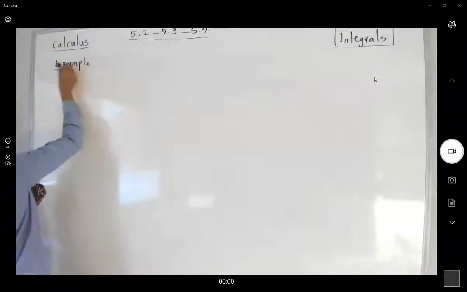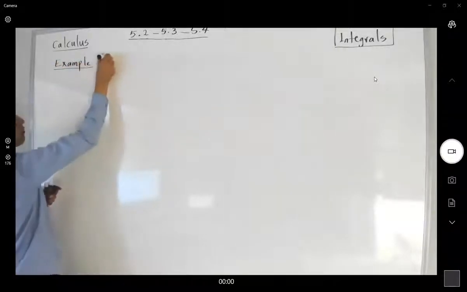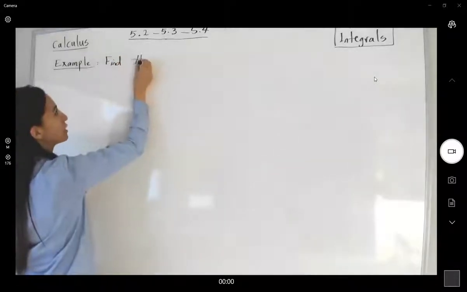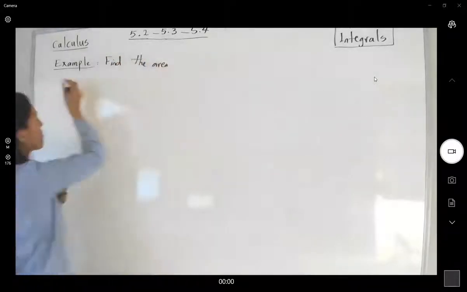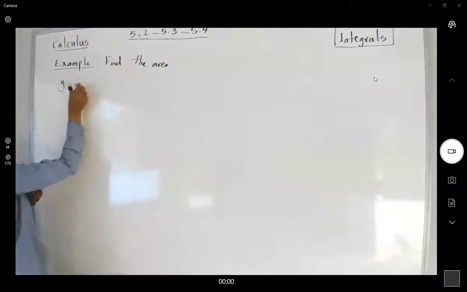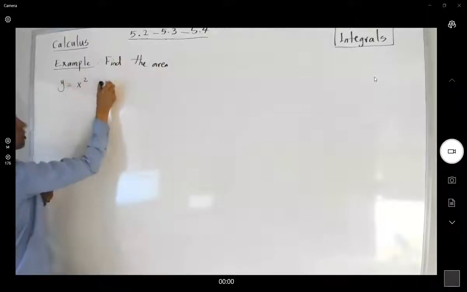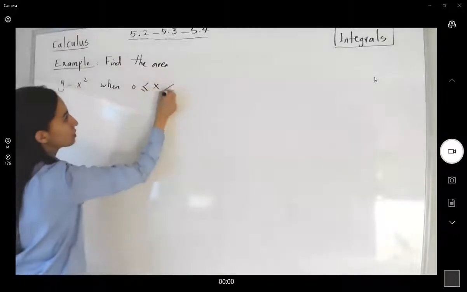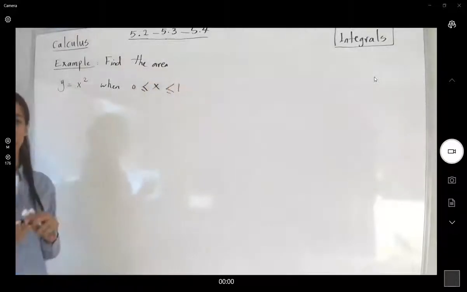Now I expect you to ask, find, not approximate, find the area y equals x squared when x is bounded between 0 and 1.